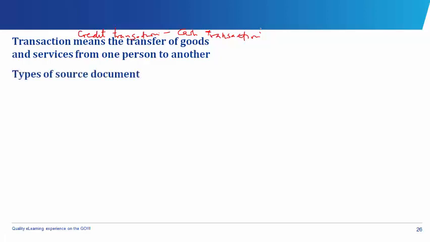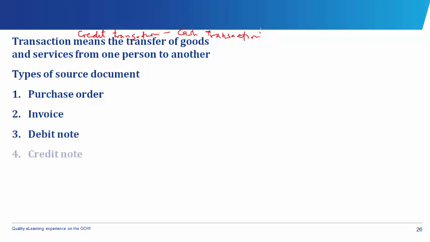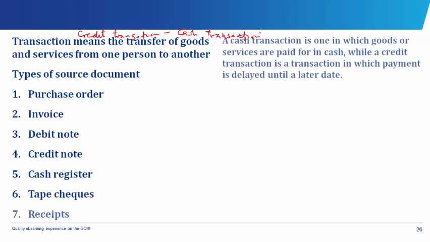The bookkeeper keeps records of these transactions on source documents, and examples of these source documents are: 1. A purchase order, 2. An invoice, 3. A debit note, 4. A credit note, 5. Cash register, 6. Tape checks, and 7.